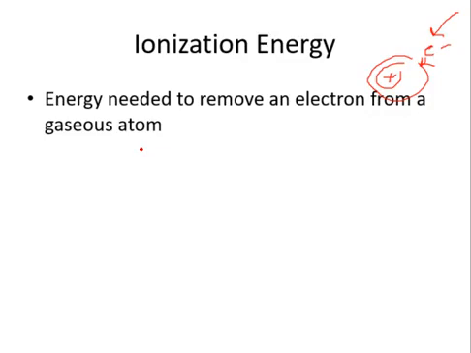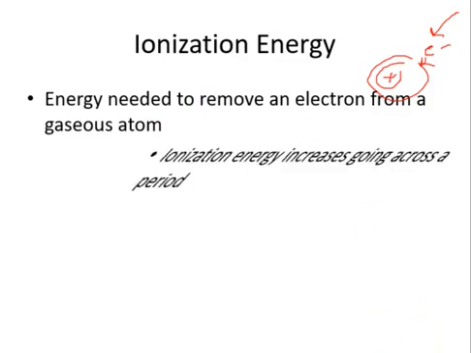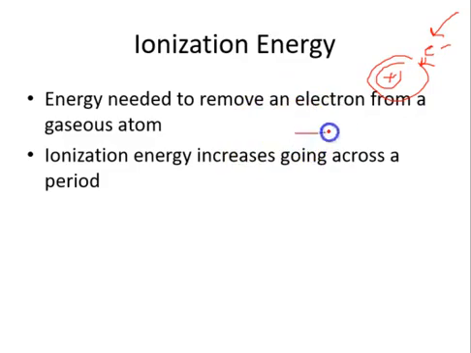I have to know whether or not it's going to be hard or easy to take an electron from a particular element. So ionization energy increases as you go across the period, but so did electronegativity. It is harder to take away fluorine's electron because she has a tighter grip on her electrons because she has the most protons in her nucleus of anybody in her same period.